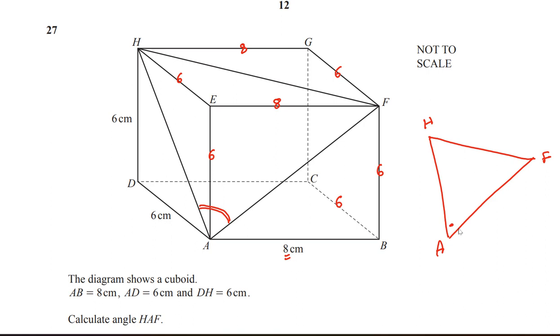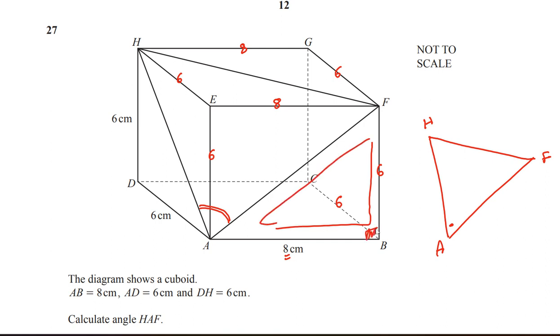But the cosine rule requires that I have the three sides. Let's see here. Can I get AF, for example? Yes, if you put it in this triangle, this will be 90. So how to get AF?